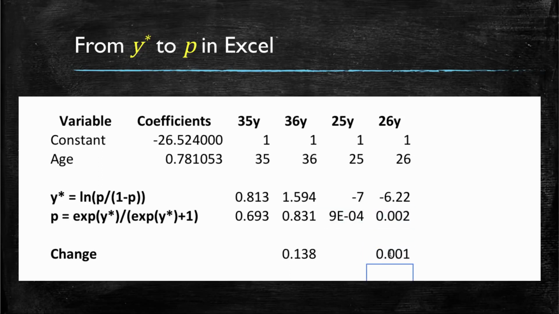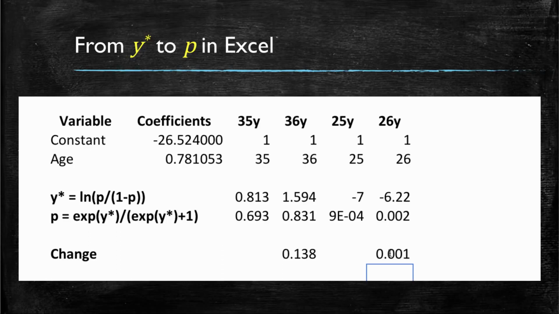Minimally. Note that when going from 35 to 36 years of age, the probability grew 13 percentage points. Meanwhile, the probability of going from 25 to 26-year-old only grew by 0.1 percentage points, much less. This is because the logistic regression is representing a relationship that is not linear.